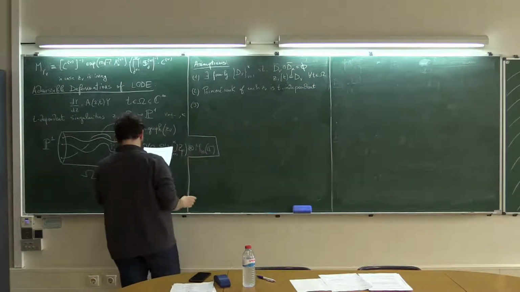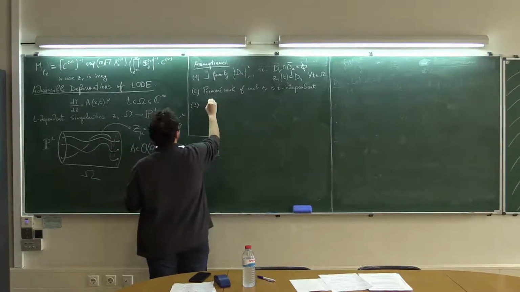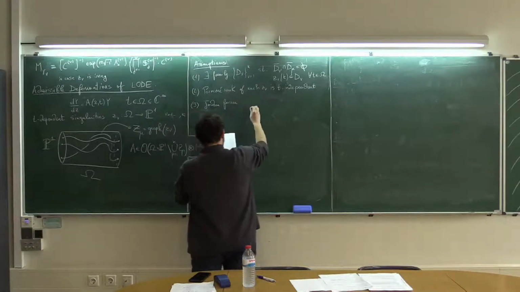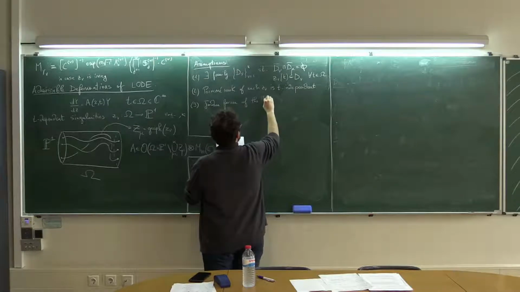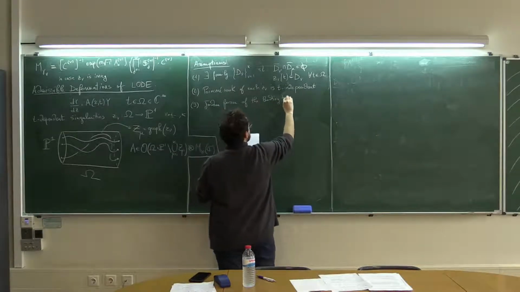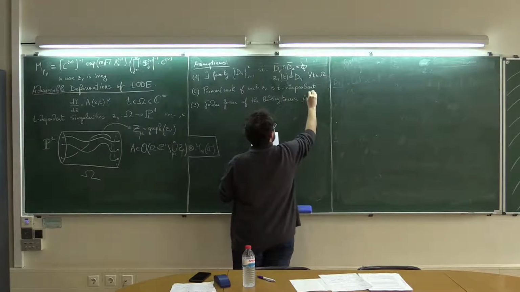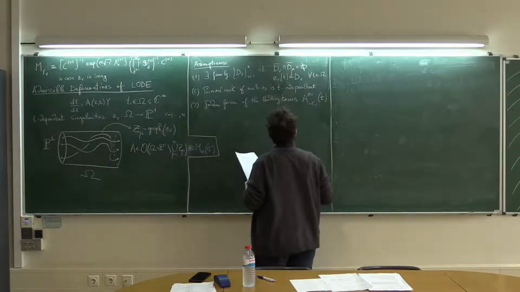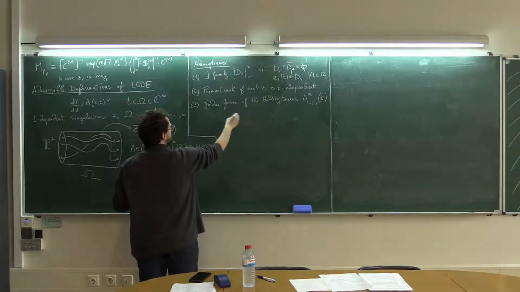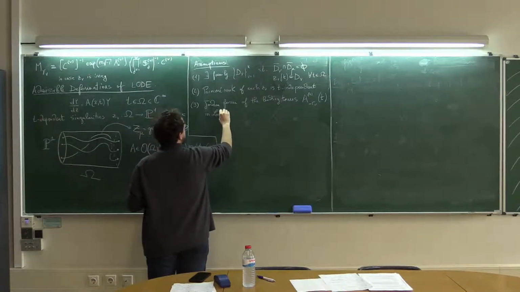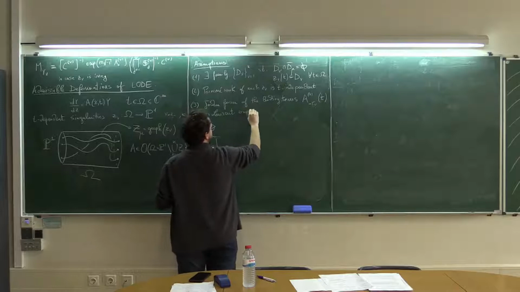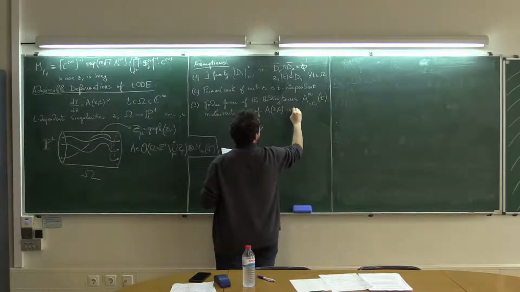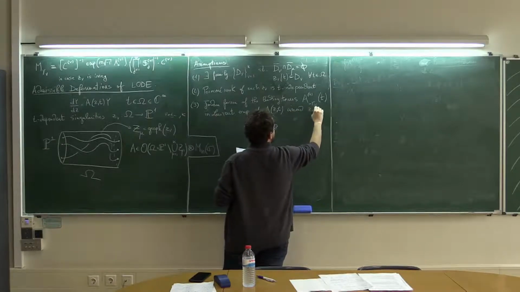Third assumption is that the Jordan form of the leading terms A nu minus R nu, which now will be functions of t, in the Laurent expansion of the coefficients around z nu of t.